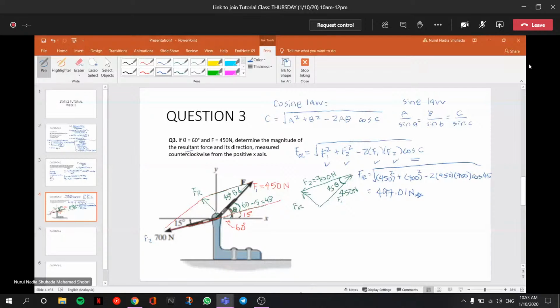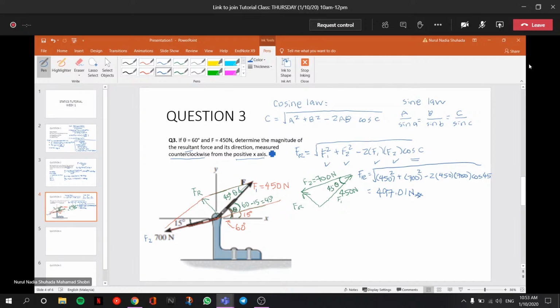Okay, so we finished with the resultant force. Now we need to know its direction measured counterclockwise from the positive axis.